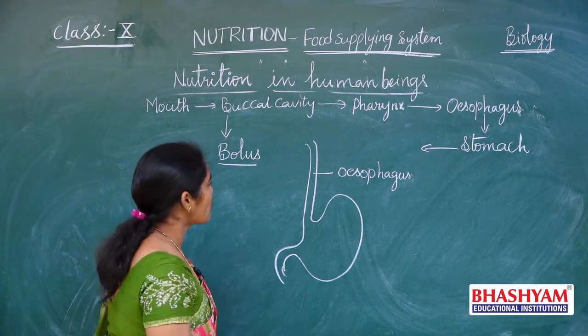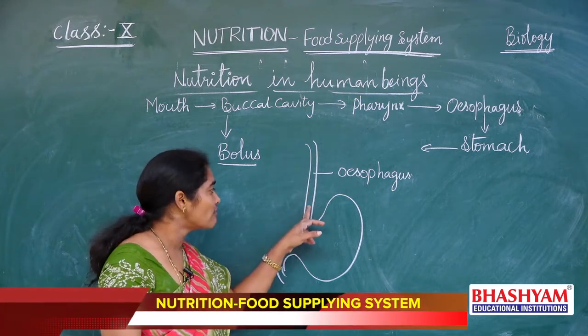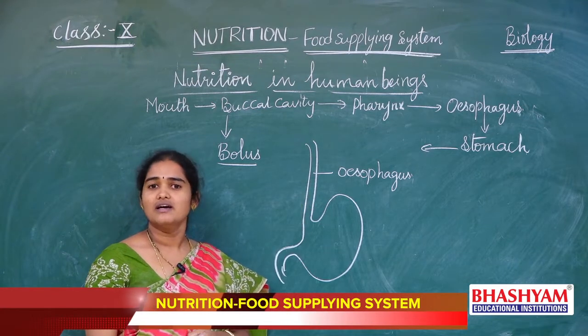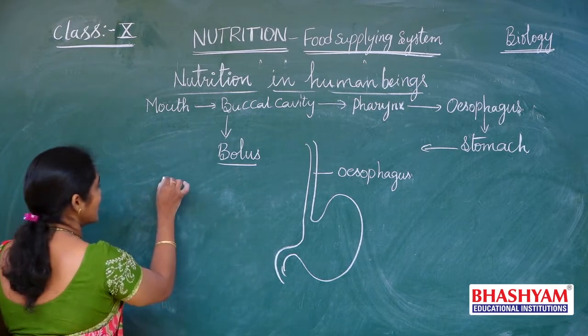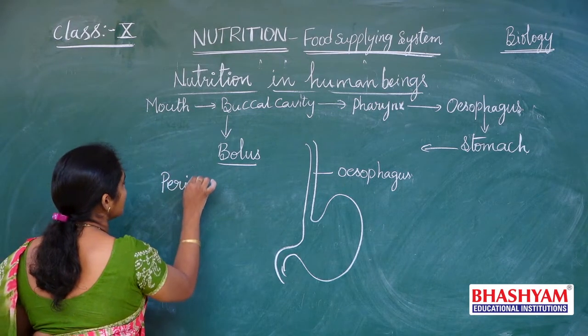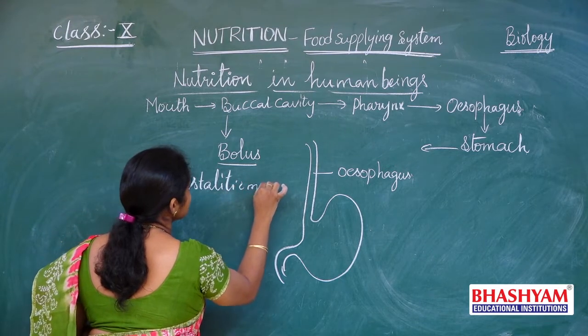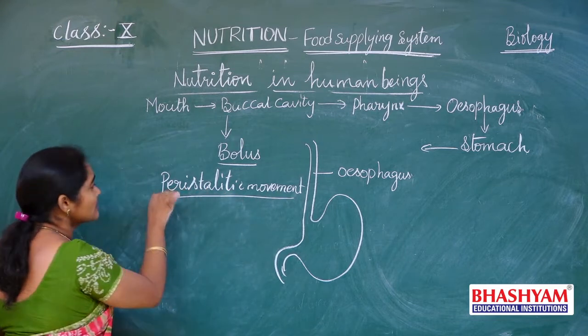And here, as it is made with muscles, it shows some contractions and relaxations. Because of the contraction and relaxation of the muscles of the esophagus, some wave-like movement is produced. That wave-like movement is called peristaltic movement. What movement? Peristaltic movement. What is meant by peristaltic movement?